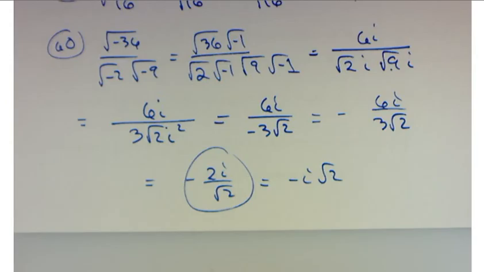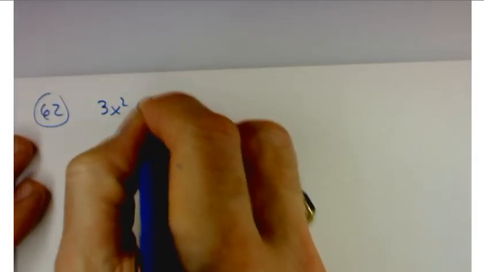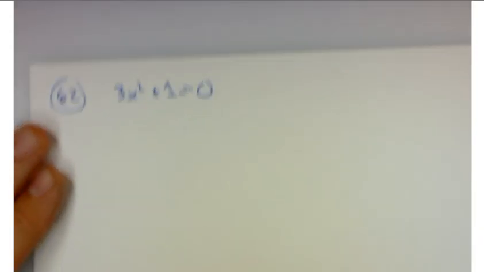Now, complex numbers were introduced to solve equations. So let's see where they're used in solving equations, starting with problem number 62. So 3x squared plus 1 equals 0.